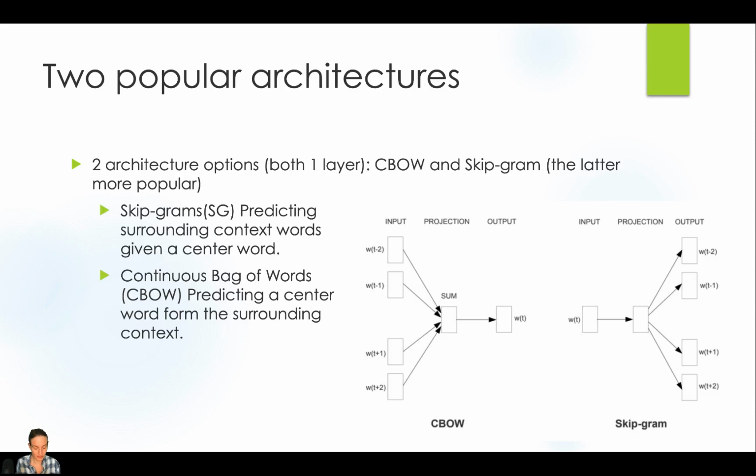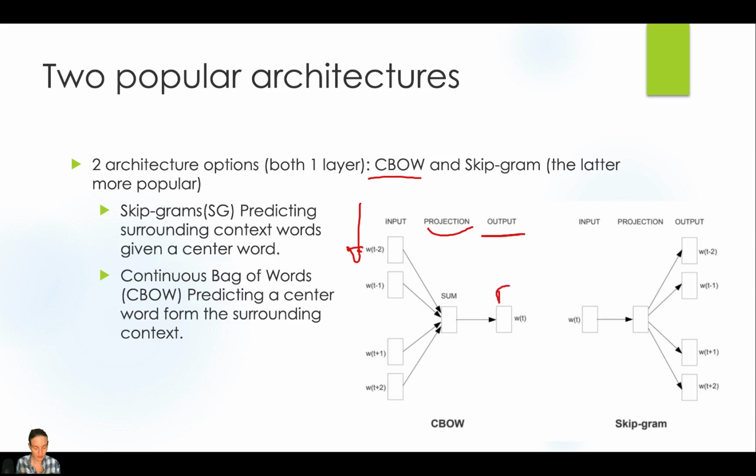So how do we train this model, or how do we get to these word embeddings? Typically, if we look at word2vec, there are 2 different architectures that are often used. In the first architecture, continuous bag of words, we have our input words, this is our sentence, and we project it into a 1-layer neural network that predicts the output.